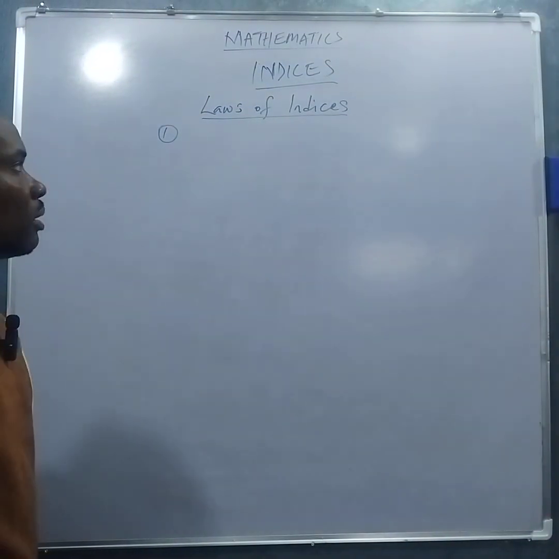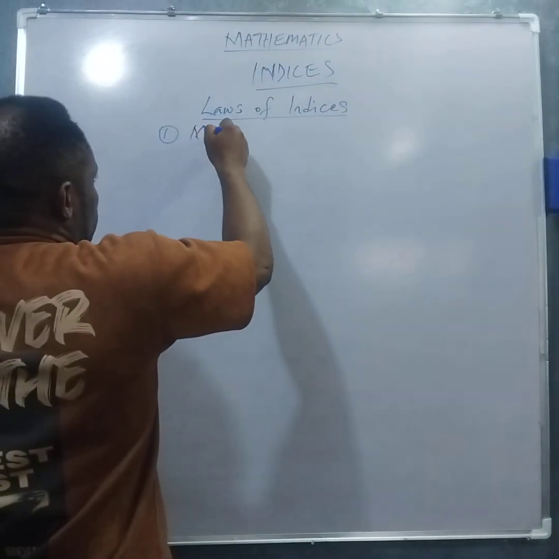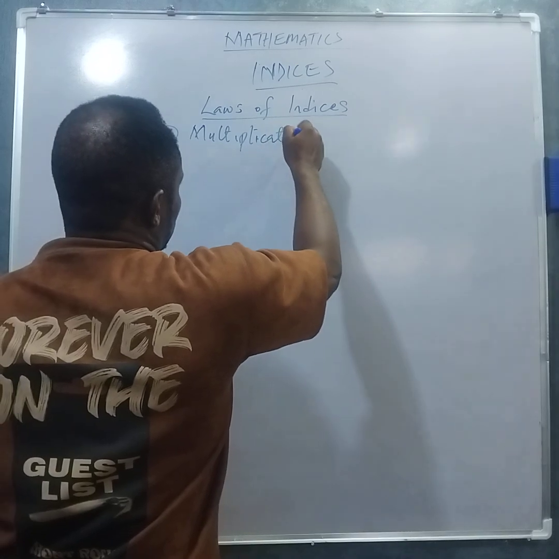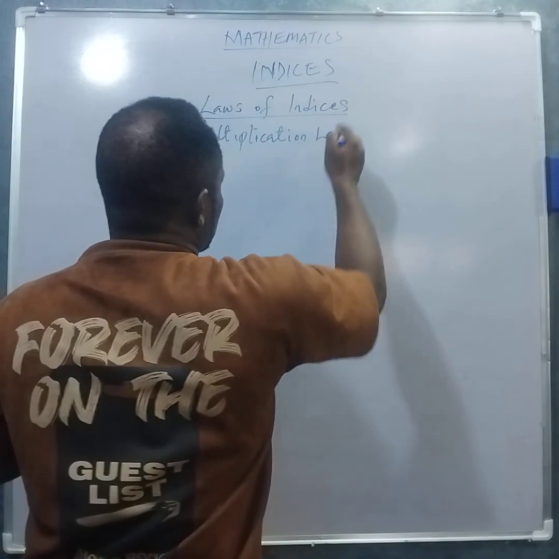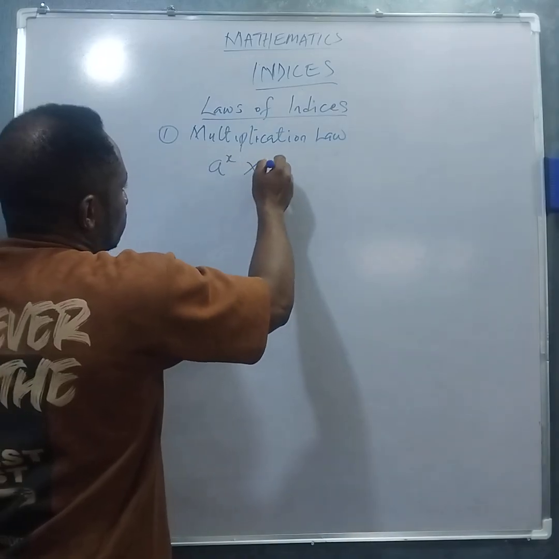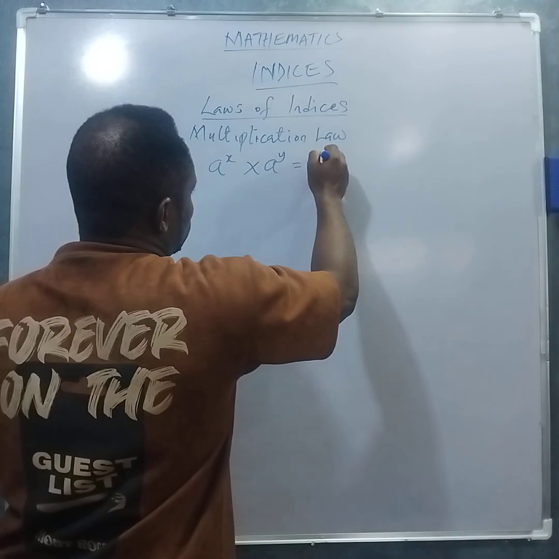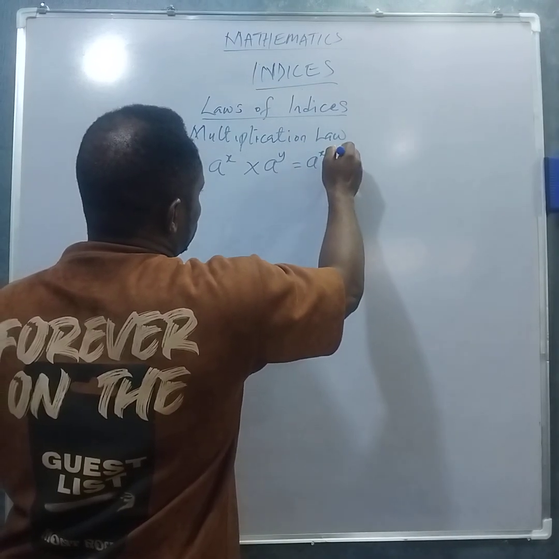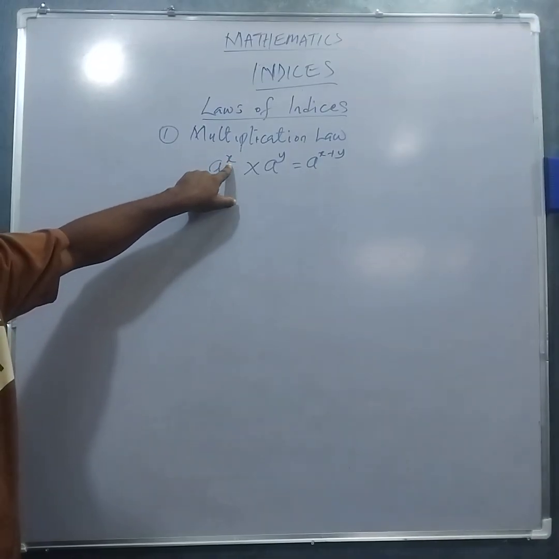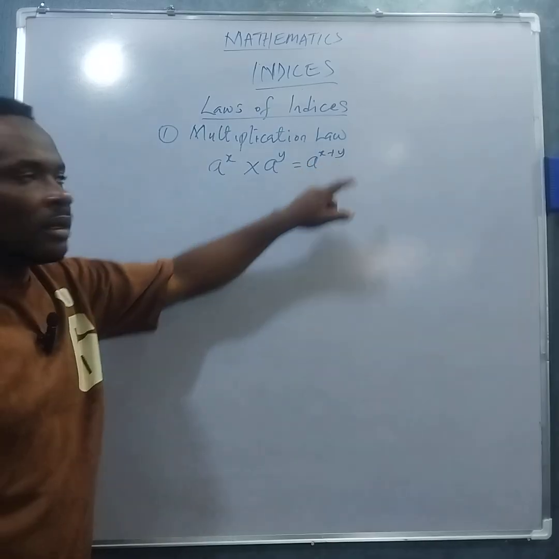Number one, we have what we call the multiplication law. It says that a raised to power x times a raised to power y is equal to a raised to power x plus y.